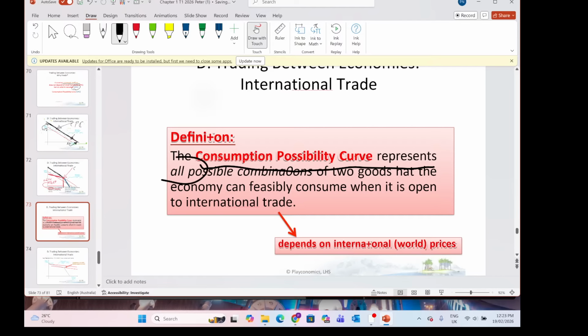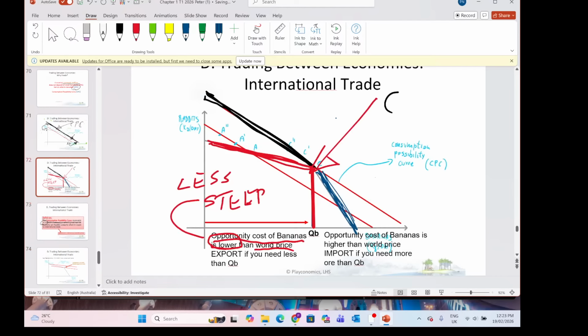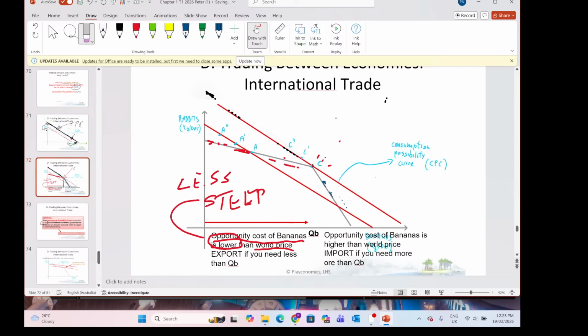It represents all possible combinations. I mentioned point C, but they do not need to consume at point C, and I'll show you why not. I've got to go back and clean my diagram up. What they do need to do is produce at point C.